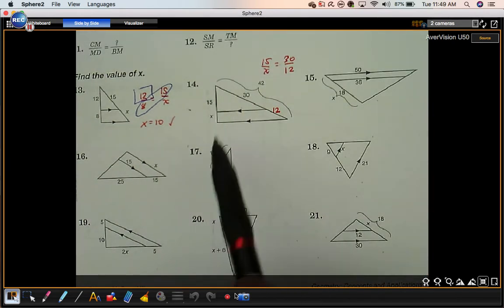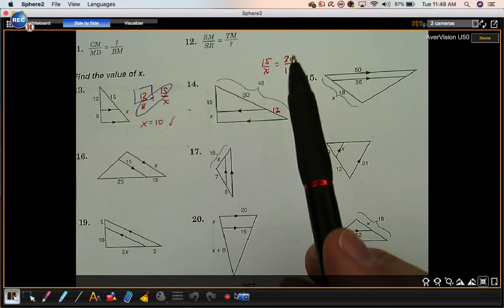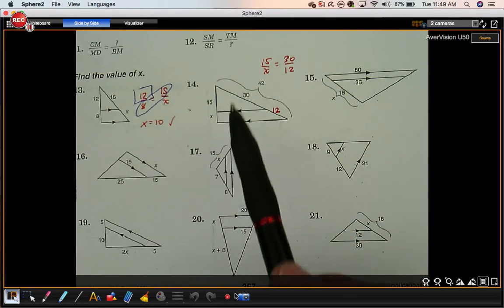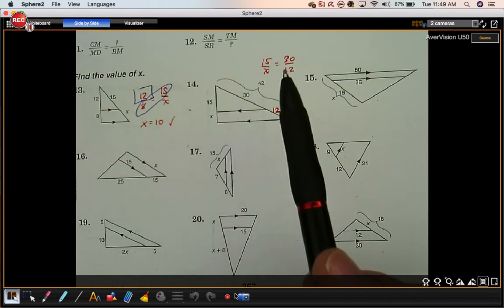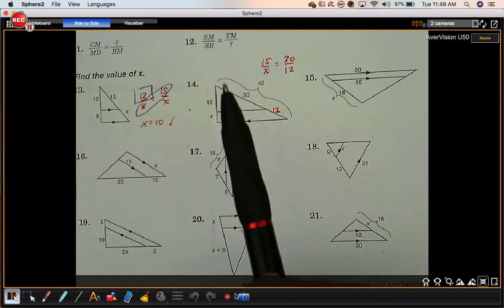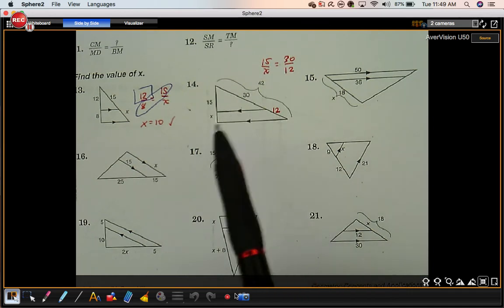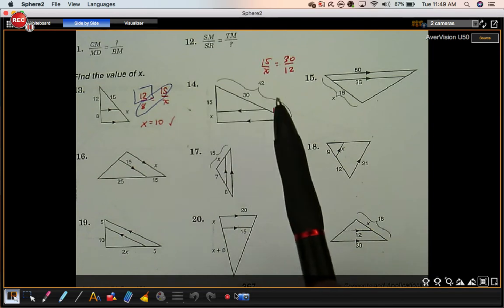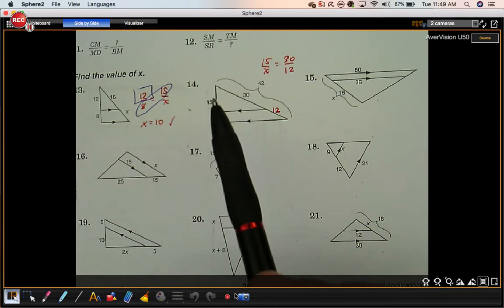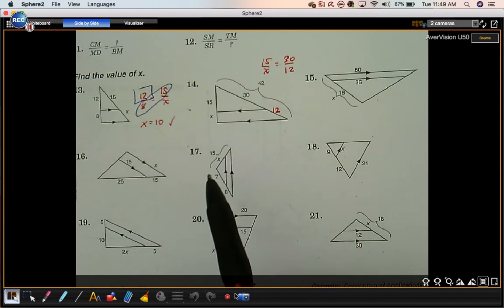What you don't want to do is 15 to x equals 30 to 42. If you're going to mess this problem up, I guarantee you're going to put a 42 there. If you want to put a 42 here, then that 42 is an entire side of the big triangle. You have to combine the 15 and the x. Okay, so you have options here.